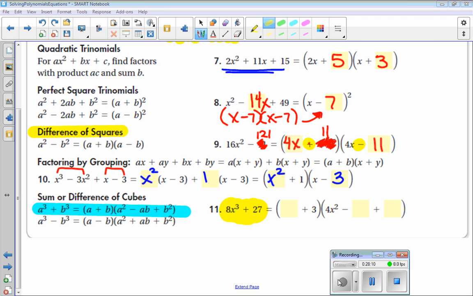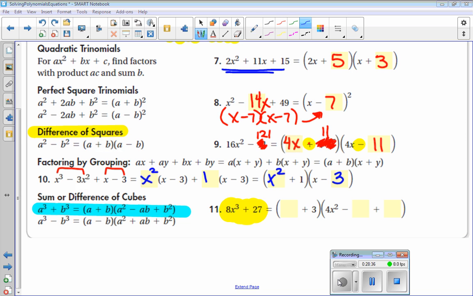Type in the cube root of 8, and tell me what you get. You should find it is a perfect cube. Check 27 as well. Is 27 a perfect cube? Type it into your calculator. Math, option 4. Now I'm going to do the cube root of 27 as well. So they're both perfect cubes.